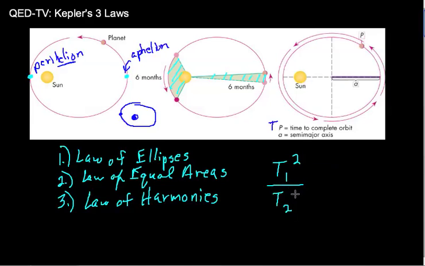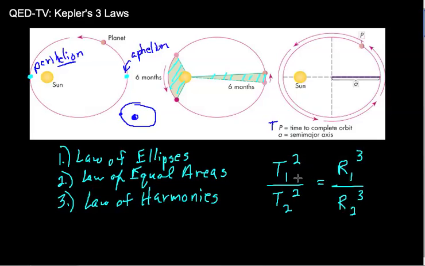Maybe this planet's further out, and I square that period. Then it's related to the cubes of their semi-major axis, or basically the radius of their orbit. So the distance from the sun to planet 1 cubed over the distance to planet 2 cubed.